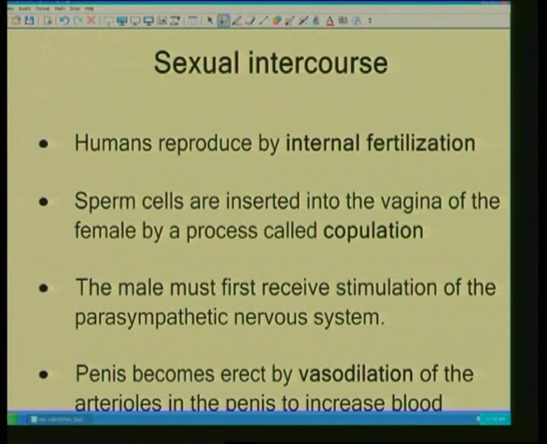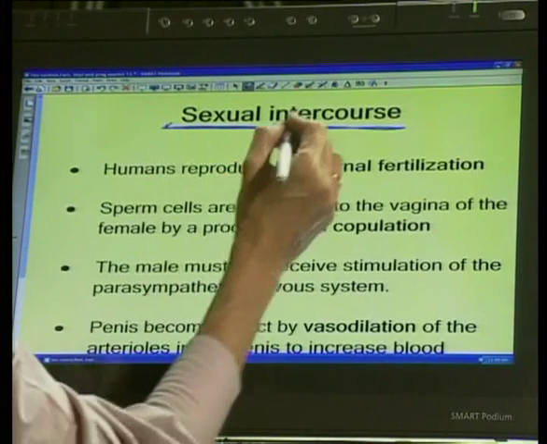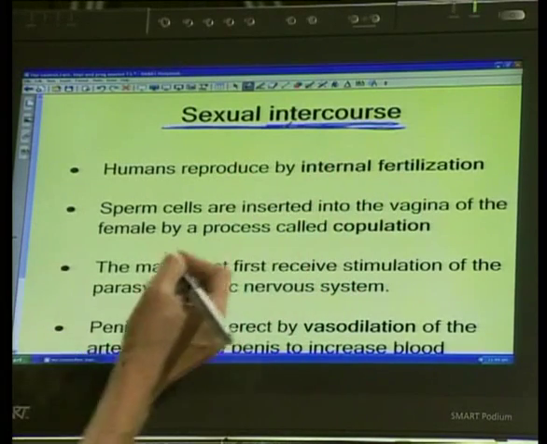Okay, people, before fertilization can occur, we need to bring the male and the female together. How do we do that in humans? We have a process called copulation. And copulation is what we call sexual intercourse, because it's going to be sexual reproduction. Okay.